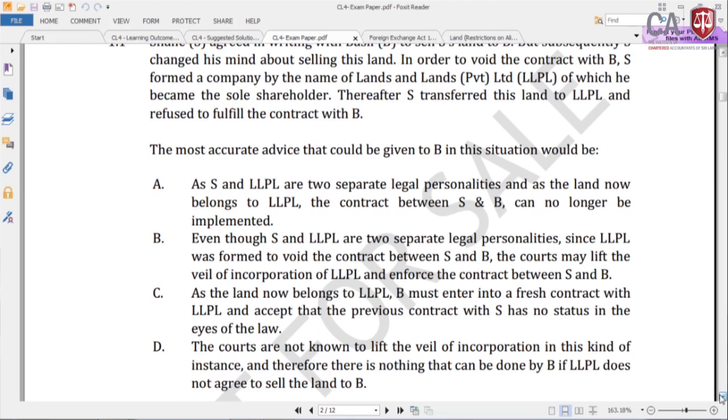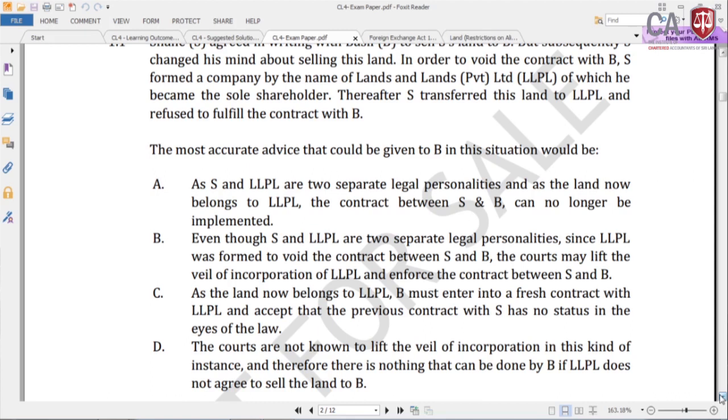Now that can be done only if Shane has acted as a director or shareholder of the company in a wrongful manner, thereby causing damage to the company.